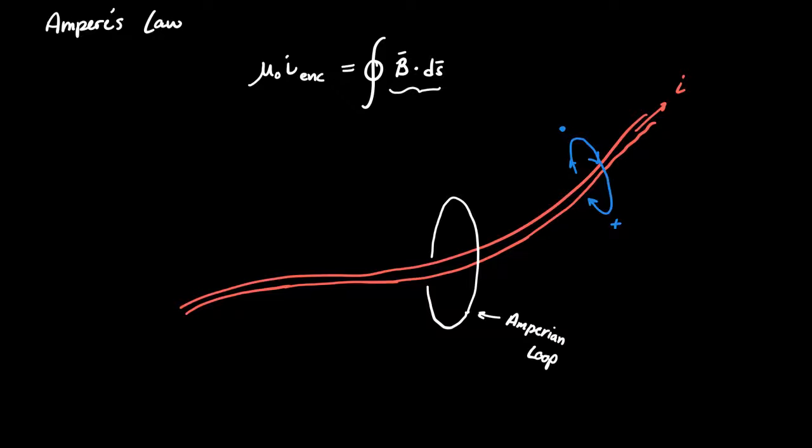Did you use your right-hand rule and verify it? So in the Amperian loop that I've drawn, there's clearly going to be a place here where the magnetic field will be in some direction, and ds will be in another.